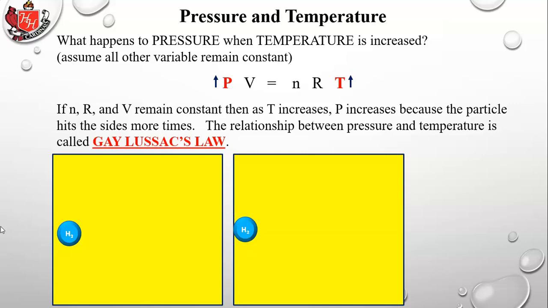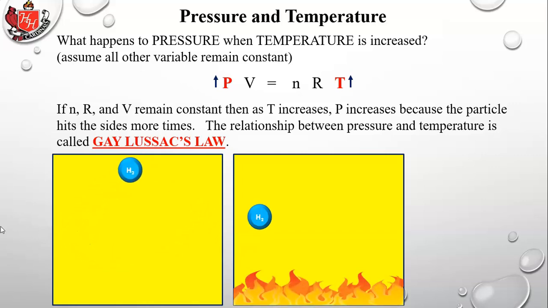So let's see why that is. If N, R, and V remain constant, then as temperature increases, P increases because the particle hits the sides more times. So there we have the particle. It's at a certain temperature, so it's moving at a certain speed, and therefore it's hitting the sides of the container a certain number of times. If we then heat it up, say put a flame underneath the gas, now it's going to move faster.